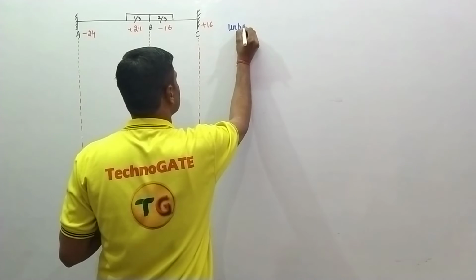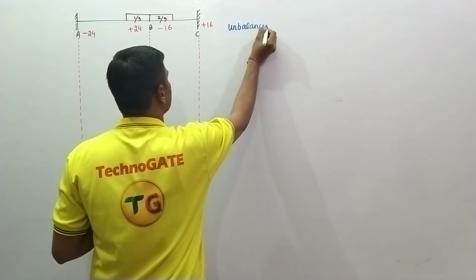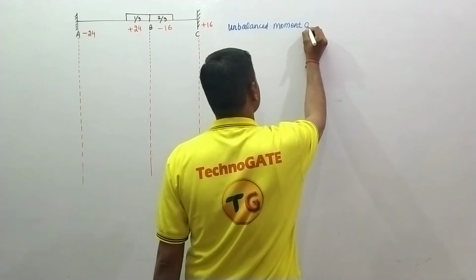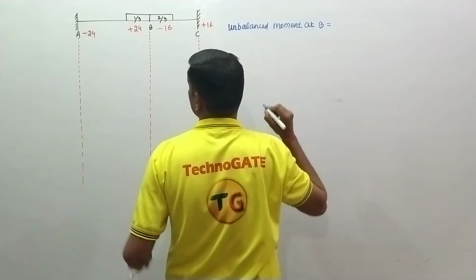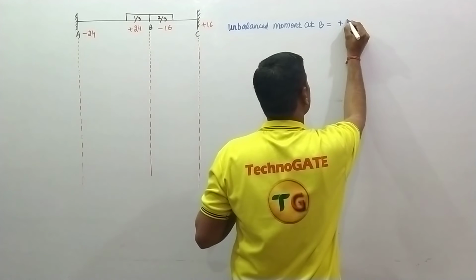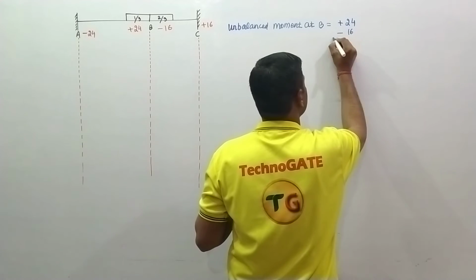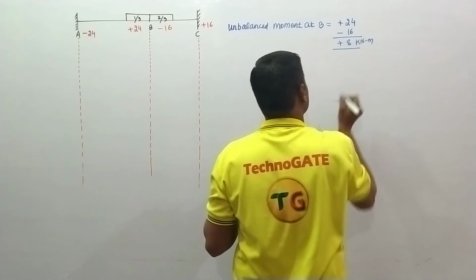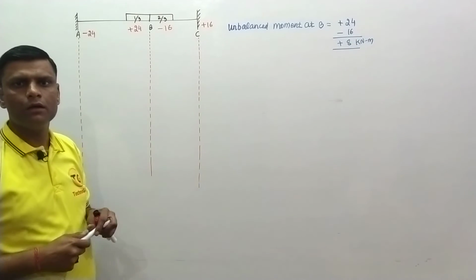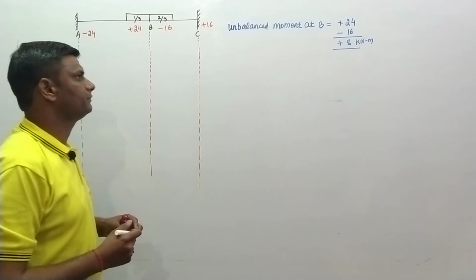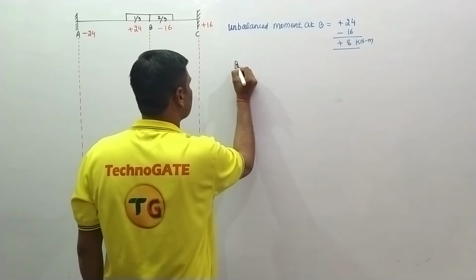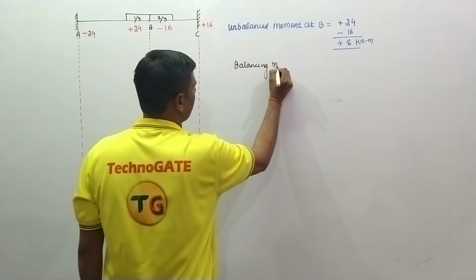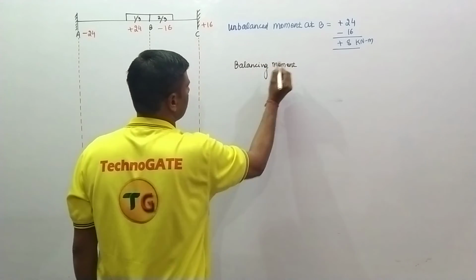The unbalanced moment at B is equal to plus 24 minus 16, that is plus 8 kilonewton meter. So we have to apply the balancing or distributed moment.